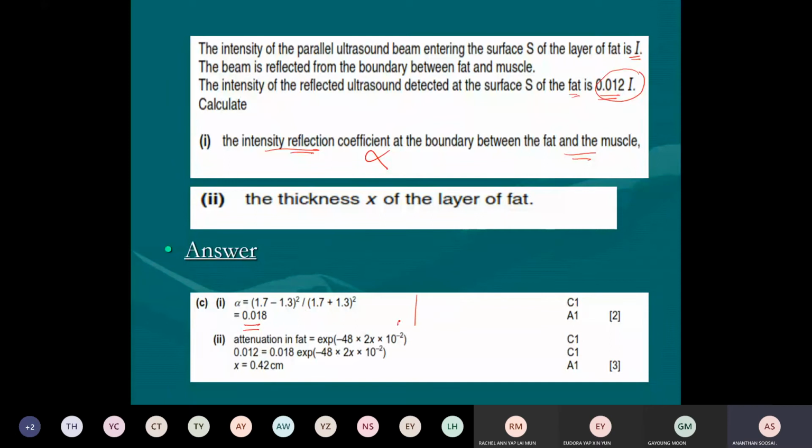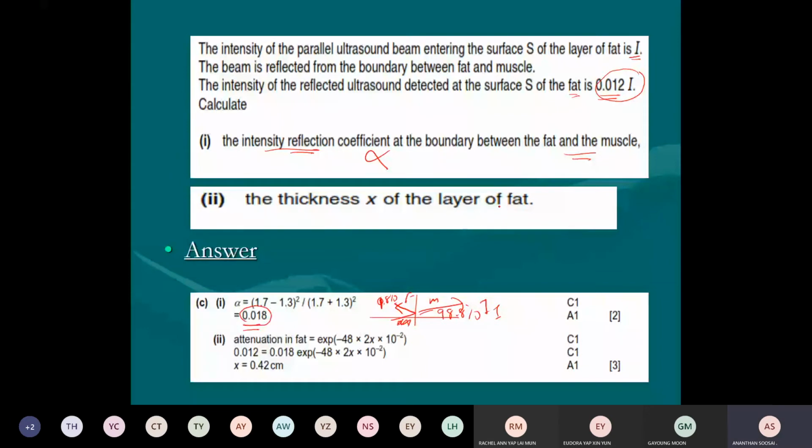When it reflects at the fat and muscle boundary, it is found to be 0.018, so only 1.8% is reflected and 98.2% has been transmitted. That's what you understand by alpha.